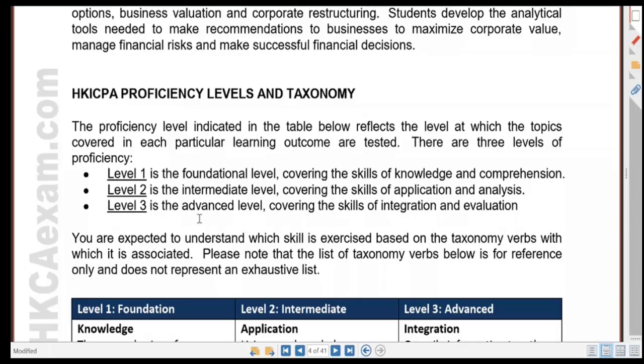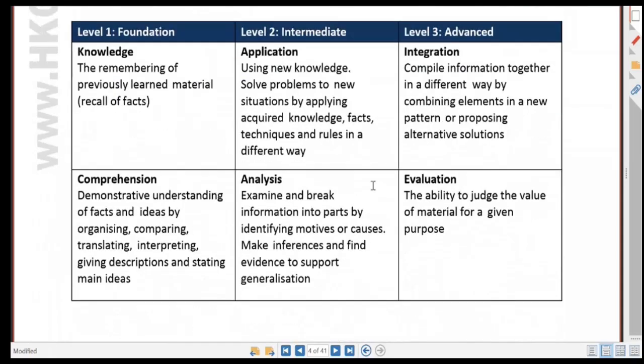For M12, this paper will test you on levels 2 and 3. Intermediate means applying the knowledge and doing analysis, while advanced means you have to integrate your knowledge, plus evaluation. So they are more advanced in this case.